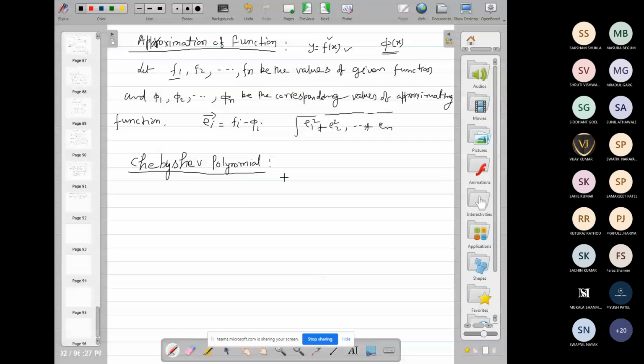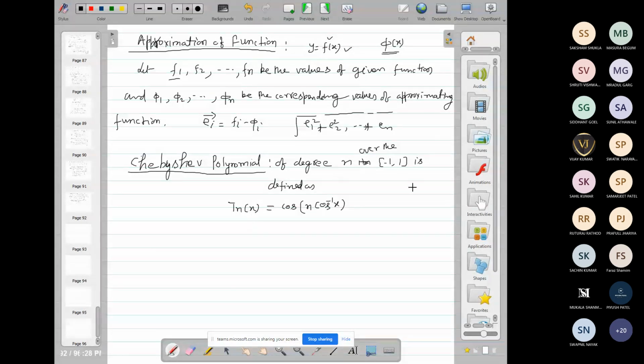So the Chebyshev polynomial of degree n over the interval -1 to 1 is defined as Tn(x) equal to cos of n cos inverse x.